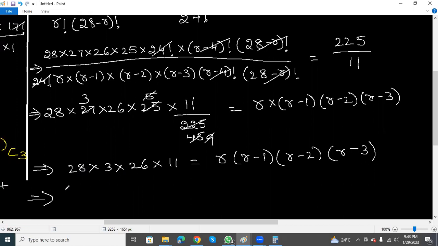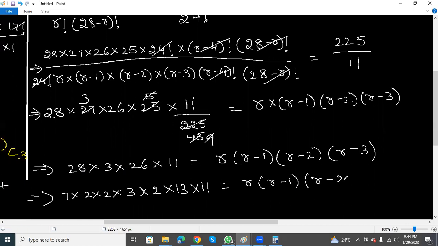This 28 can be written as 7 into 4, and 4 as 2 into 2. 3 is already a prime number. 26 can be written as 2 into 13, both prime. And 11, which is equal to r into (r minus 1) into (r minus 2) into (r minus 3).